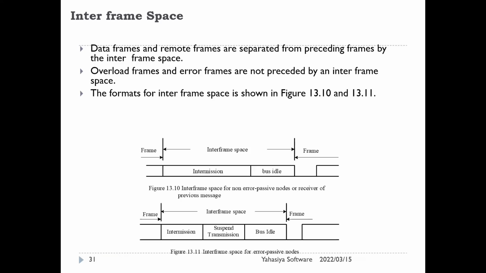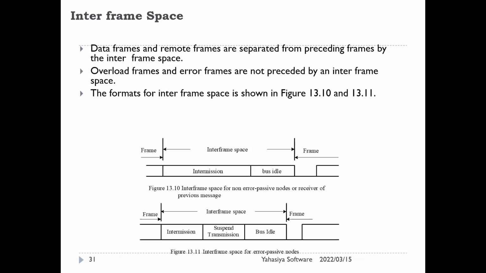That is called the interframe space or intermission. It is 3-bit timing. That means if you transmit 3 bits on a serial bus, however much time it takes, that much time will be used as an interframe space. Every CAN packet has a space in between.